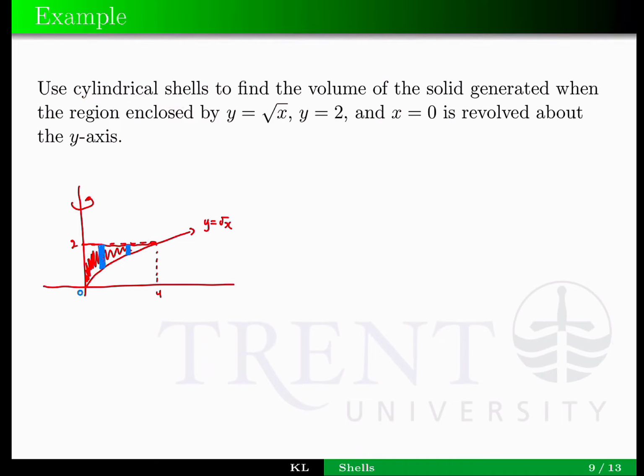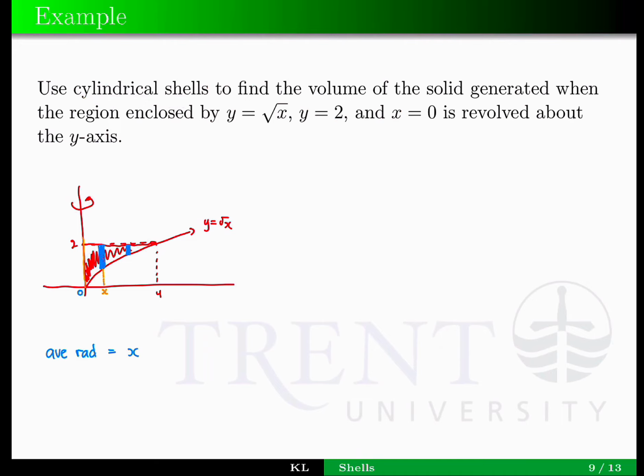Since the axis of revolution is the y-axis here, the average radius will be x. So the average radius is equal to x.